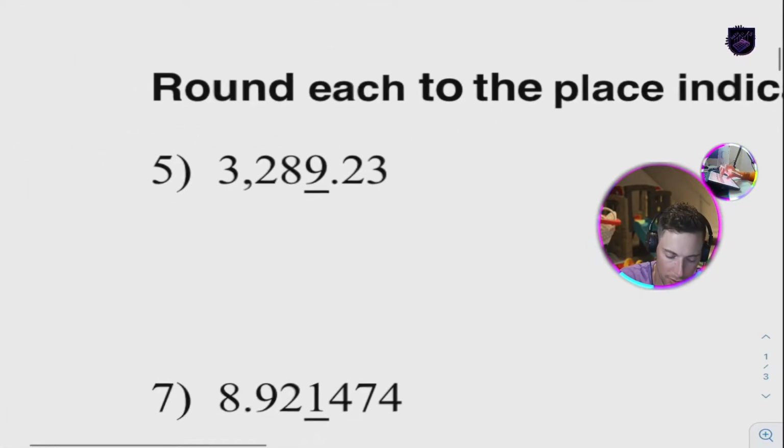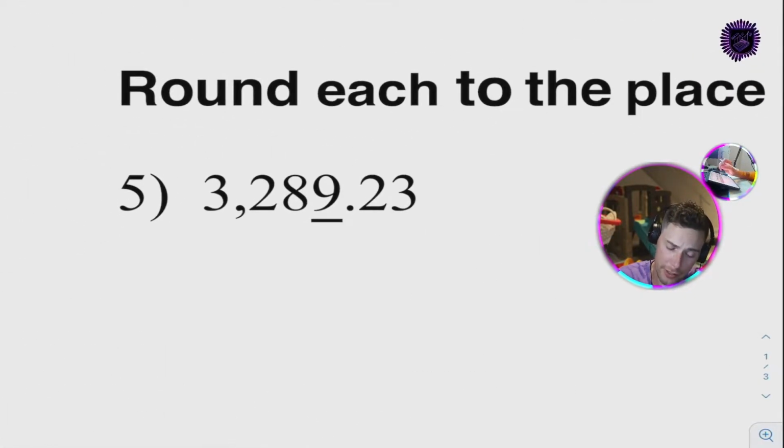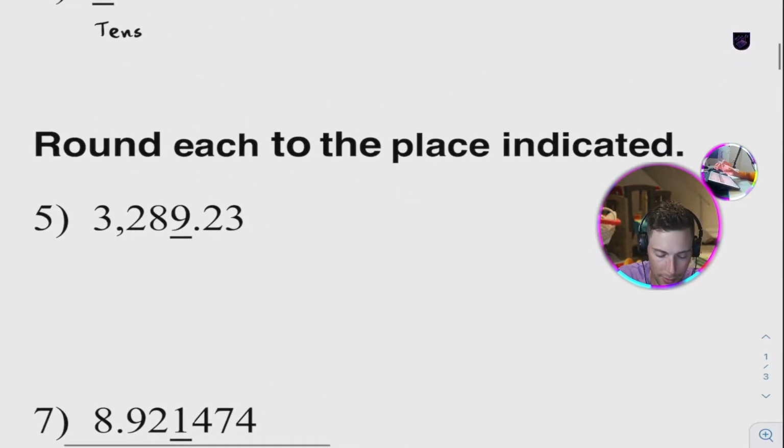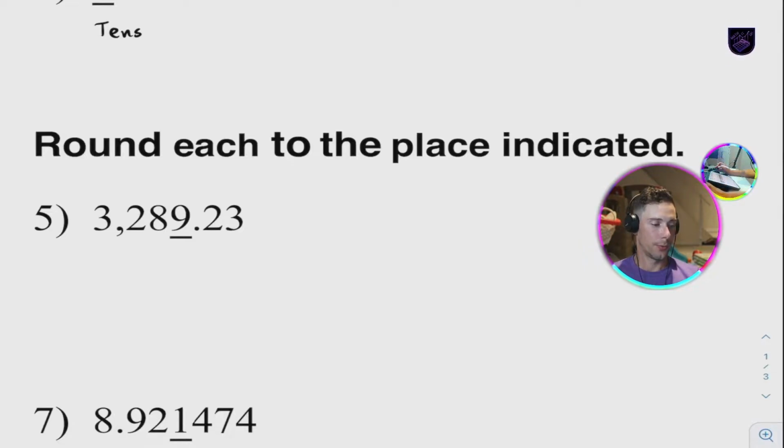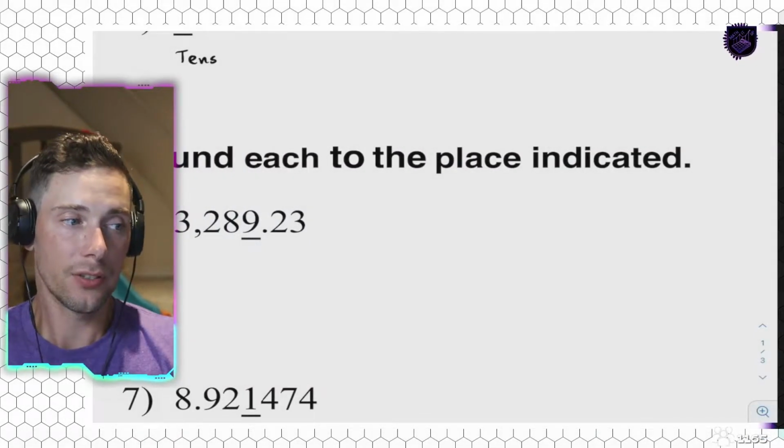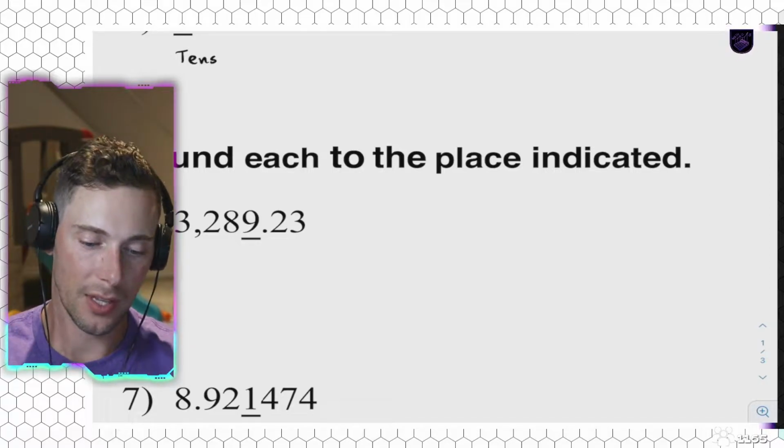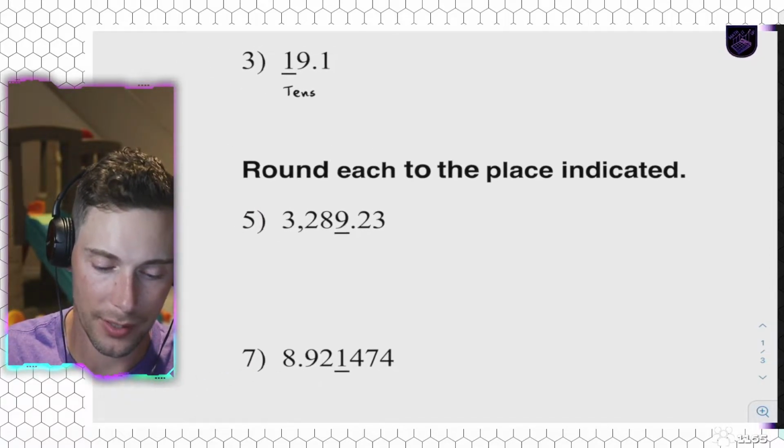Congratulations, we've moved on to question number 5. Question number 5 is round each to the place indicated. Okay, so it says round each to the place indicated. So that means we need to do some rounding.